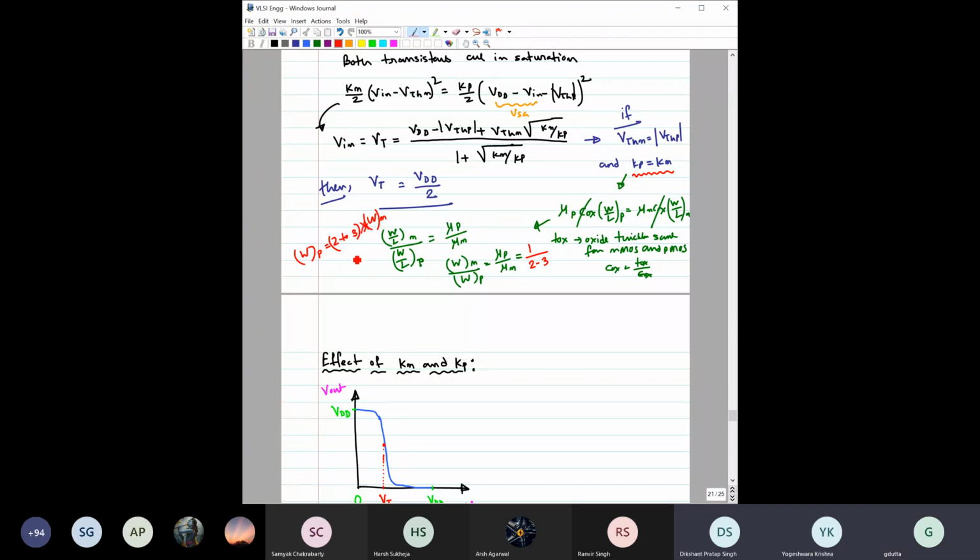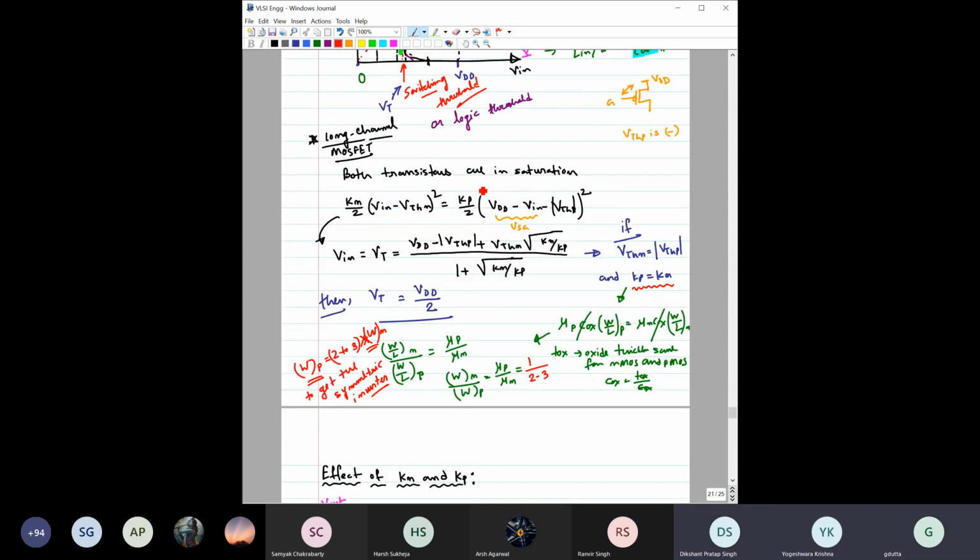That is the reason why you have to make the PMOS width at least 2 to 3 times that of the NMOS, right? So in order to get the symmetric inverter. Fine.